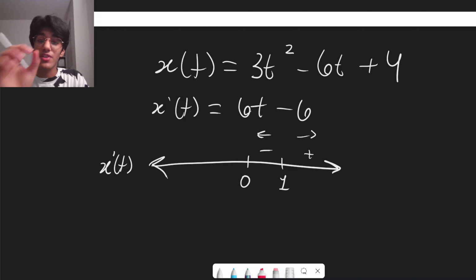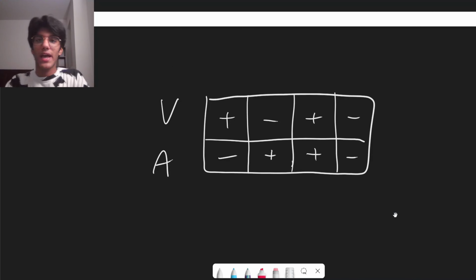Now that we've established direction, we want to know, is the particle speeding up or slowing down? For that, we have to look at velocity and acceleration. Take a look at this. This is a little chart that I made, and the top row represents velocity and the bottom row represents acceleration.